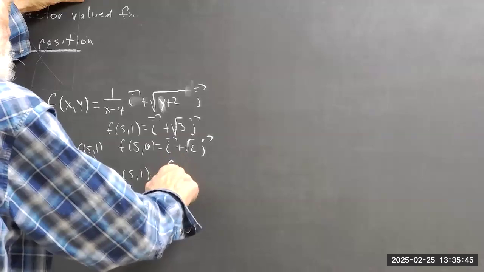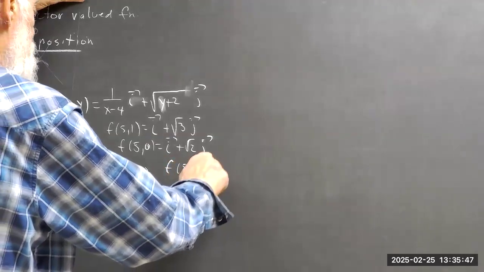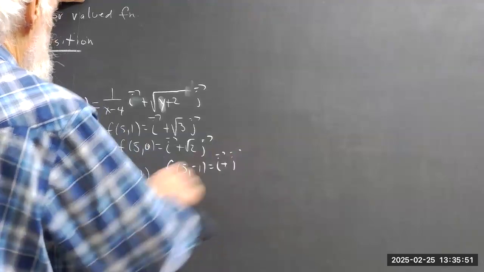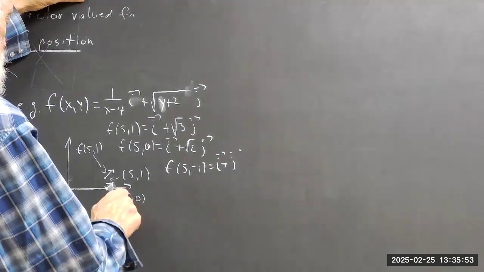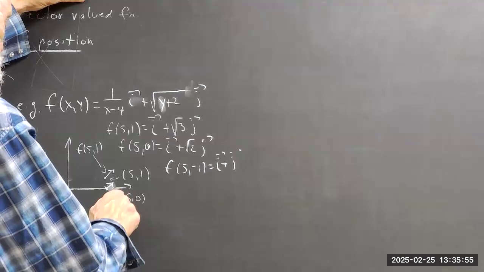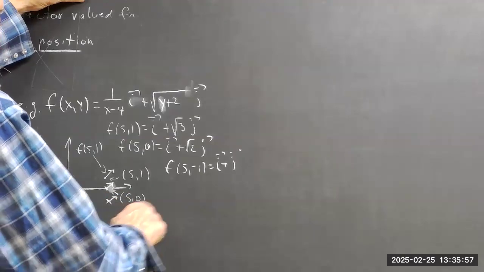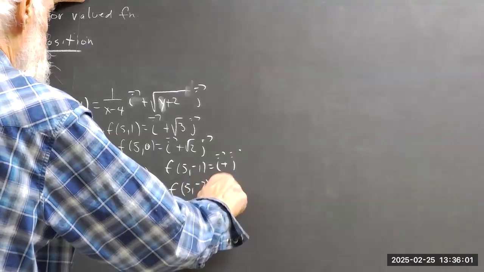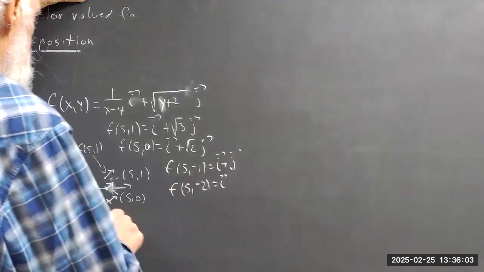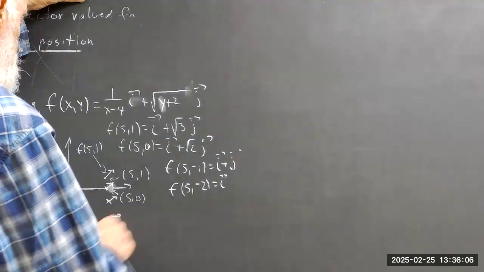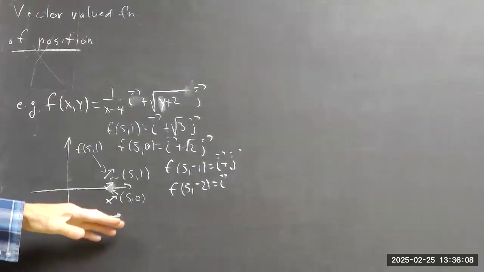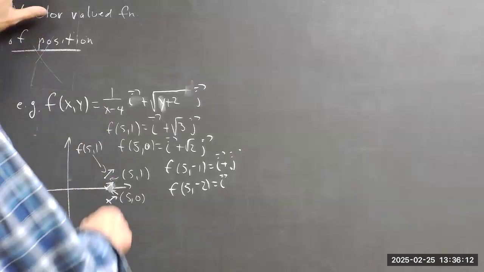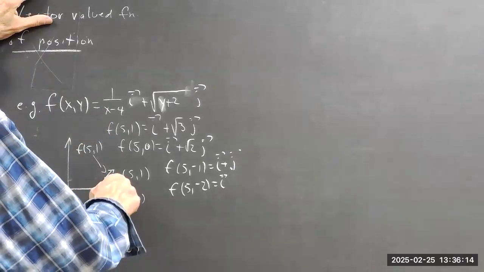And then 5, -1, it's i plus j. So, yeah, f of 5, -2 is just i. Just like this vector field is going in this direction, and this direction, this direction, this direction. The vectors actually get a bit longer.